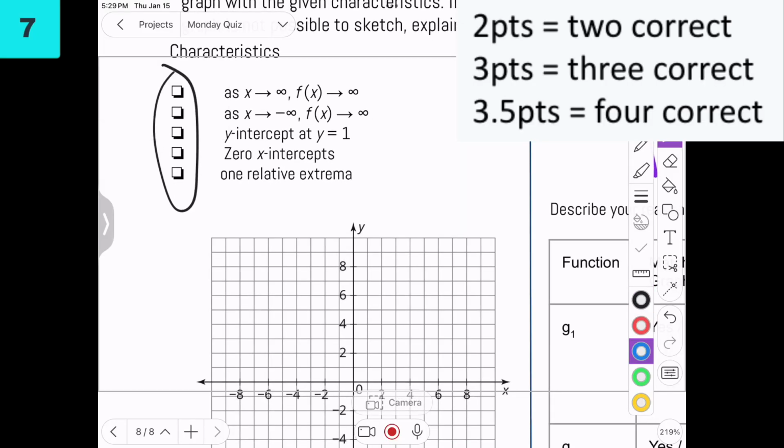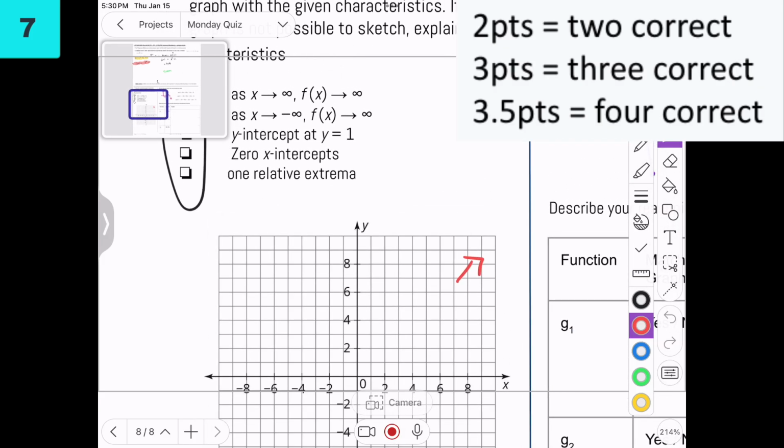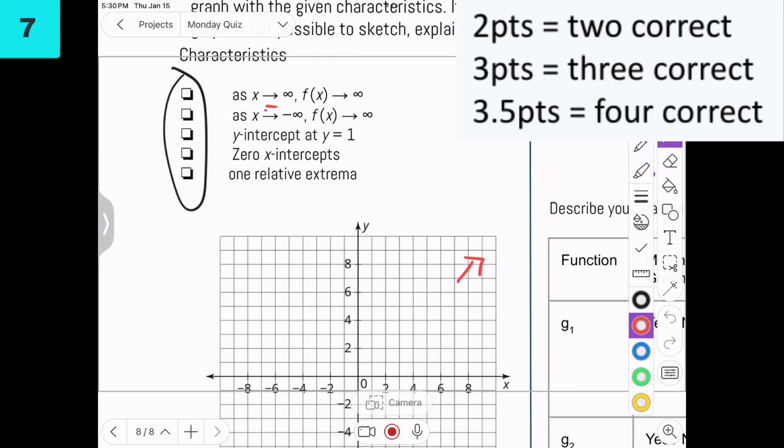So x is going this way, and eventually my y goes up. As x approaches negative infinity, what happens to my y? My y goes also up. So as x approaches the left hand side, my y eventually goes up.